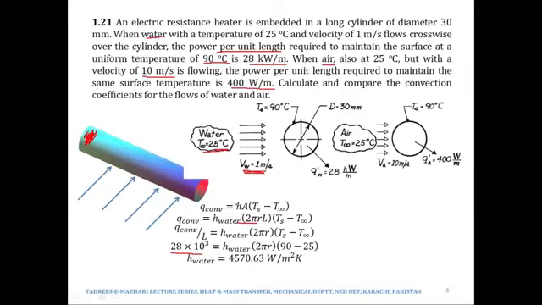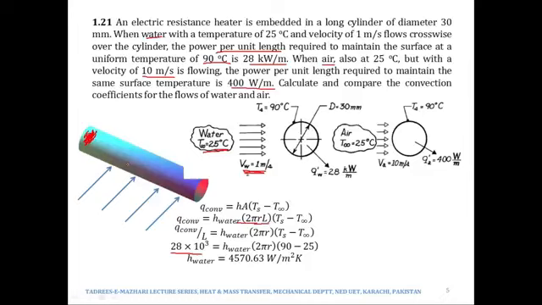Area would be the area through which this convection heat transfer is taking place, meaning this whole surface area, which is 2 pi RL or pi dL. Ts would be the temperature of the outer surface of the pipe, and T infinity would be the temperature of the water which is flowing over it. So water in the first case and then air in the second case.